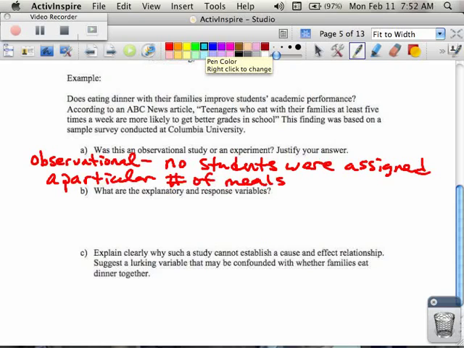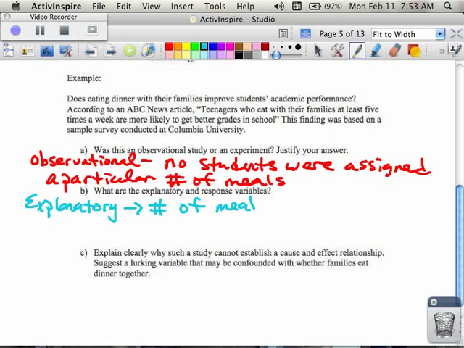So the explanatory would be the number of meals. And then the response would be their grades. Did they talk about GPA or just grades? Just grades. Okay.